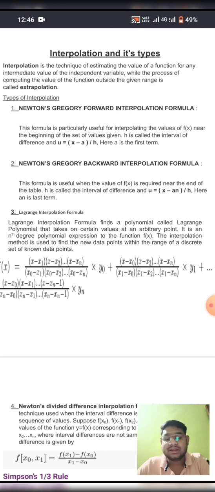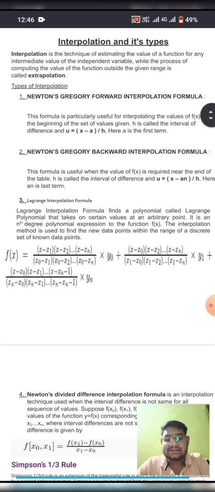The interpolation method is used to find new data points within the range of a discrete set of known data points, such as f(x) equals (x minus x1)(x minus x2) up to (x minus xn) divided by (x0 minus x1)(x0 minus x2)...(x0 minus xn) into y0, plus (x minus x0), skipping x1, (x minus x2) up to (x minus xn) divided by (x1 minus x0)(x1 minus x2) up to (x1 minus xn) into y1, and this continues till yn.